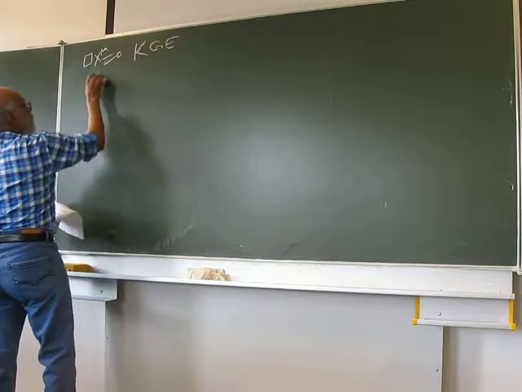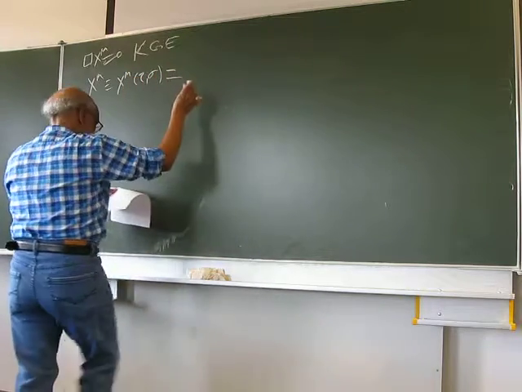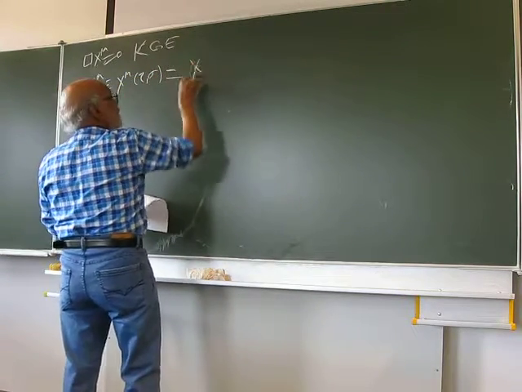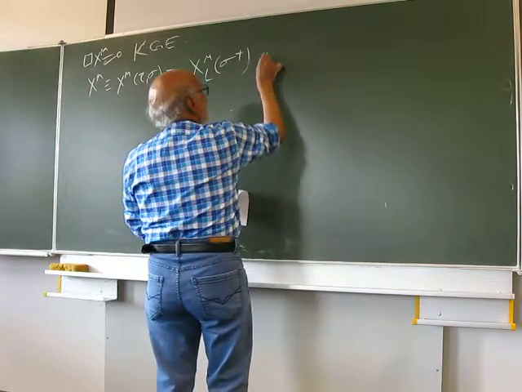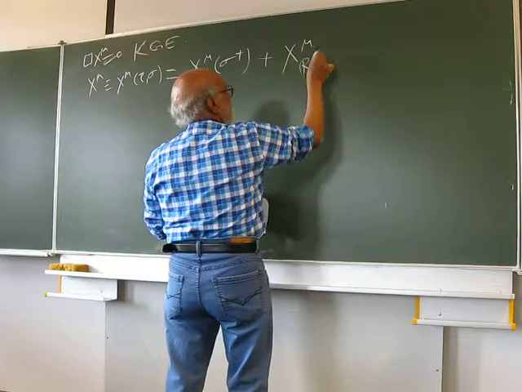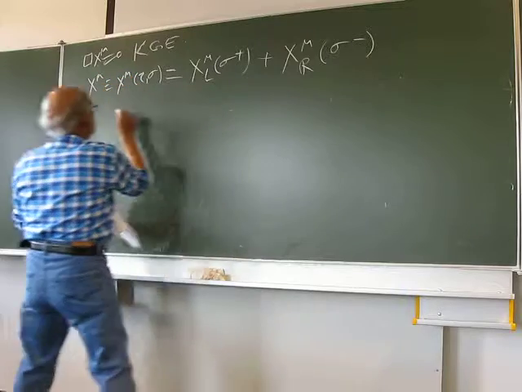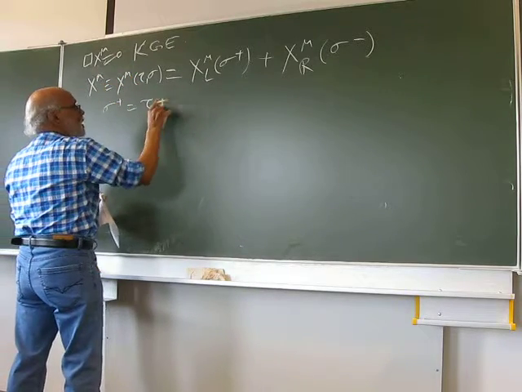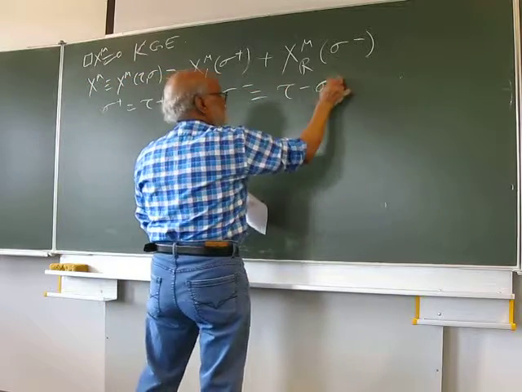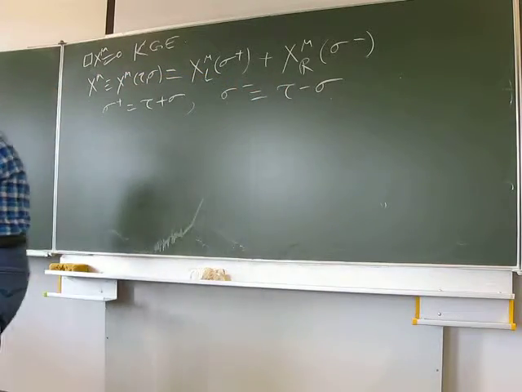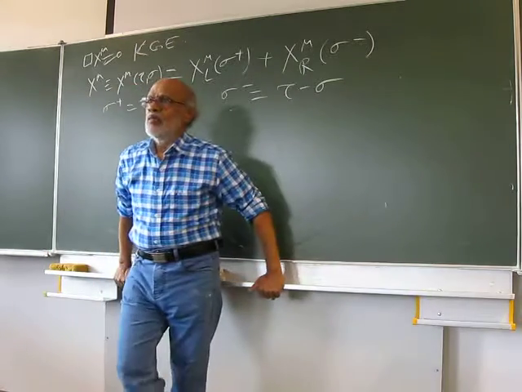The x mu of tau and sigma, I could write it as x mu L, which is a function of sigma plus, plus x mu R, which is a function of sigma minus, where sigma plus is tau plus sigma, and sigma minus is tau minus sigma. This is in general for any wave equation.